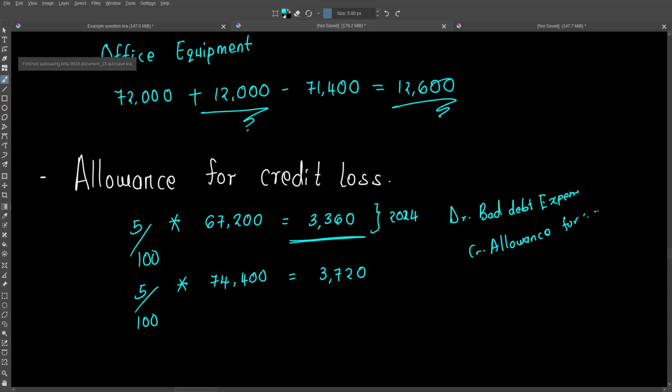So before we do the accounting adjustment at the end of that year, September 2024, we already have an allowance of 3,360, okay? And we want to have an allowance of 3,720 during this period.